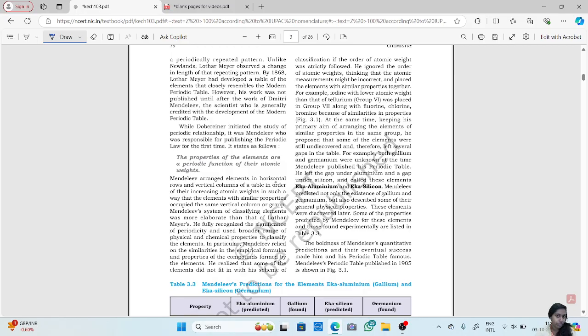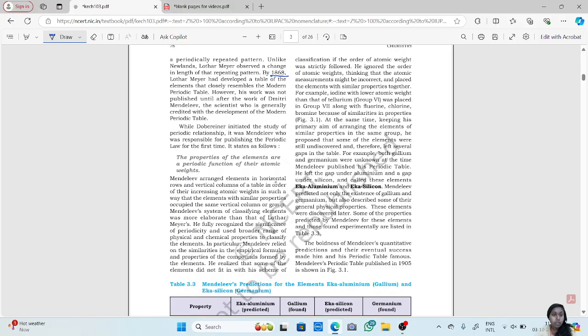He observed those changes. By 1868, Lothar Meyer had developed a table of the elements that closely resembles the modern periodic table. However, his work was not published until after the work of Dmitri Mendeleev, the scientist who is generally credited with the development of the modern periodic table.